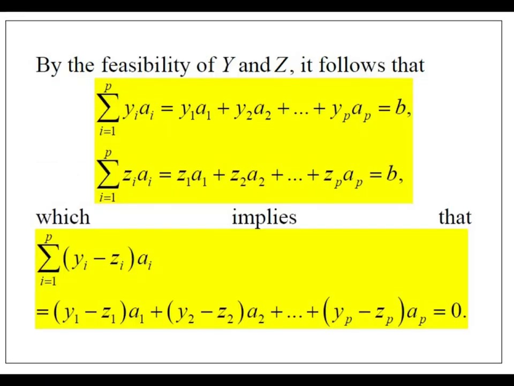By the feasibility of y and z, summation yi ai for i equal to 1 to p is equal to b and summation zi ai for i equal to 1 to p is equal to b, which implies that summation (yi minus zi) ai where i equal to 1 to p is equal to 0.